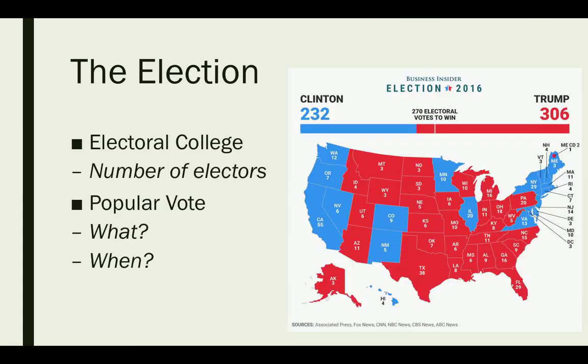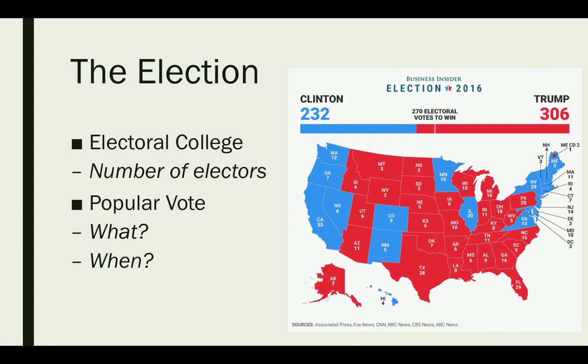Now, how the heck do we choose the president? The term of the presidency is 4 years. So one single term is 4 years. One president can serve 2 terms, a total of 8 years. They do not have to be consecutive. We have seen one president in the past serve 2 terms that were not consecutive, but only can serve for 8 years.